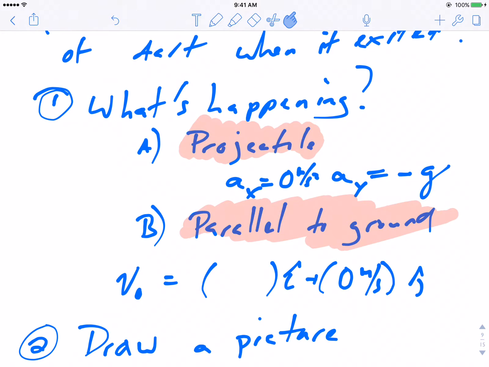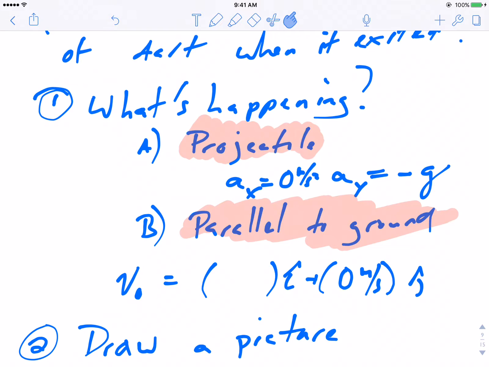The other important thing you need to recognize in a problem like this is in the setup, I tell you that it's fired parallel to the ground. And so what we recognize there is that for the velocity, the initial velocity I should say, the j hat portion of that vector is going to be 0 meters per second.